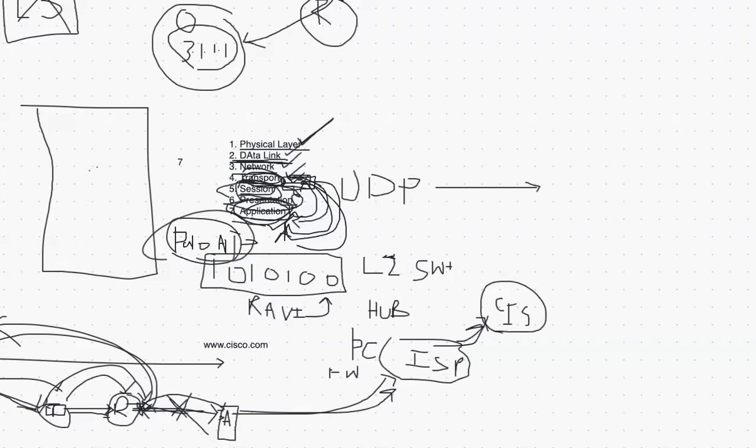So that is about OSI. I'll stop there. I have a doubt, like when you say port number, is that assigned the moment when we open a browser or a tab, or how is it generated?